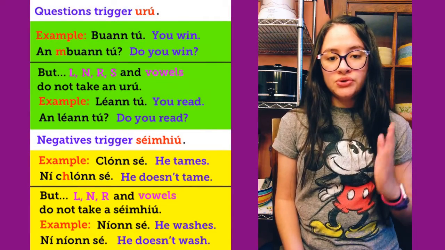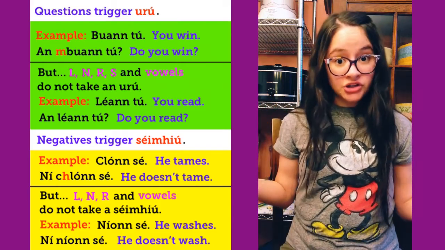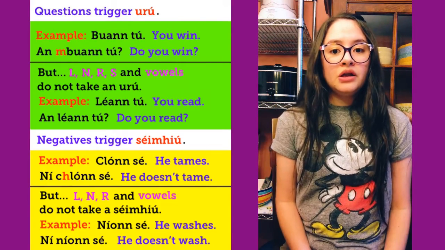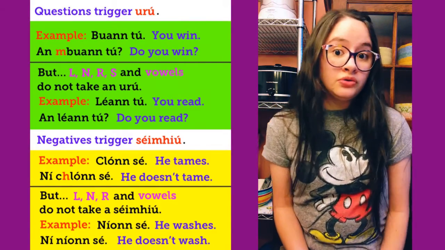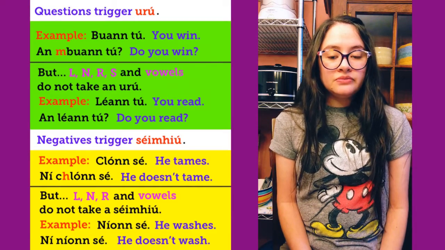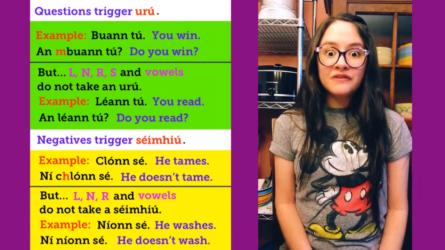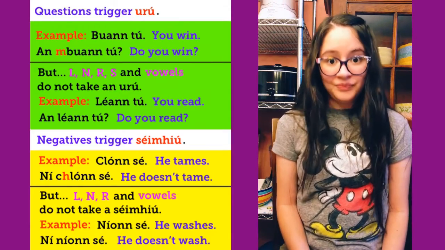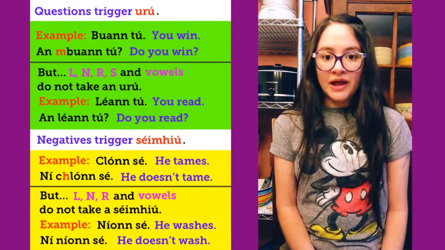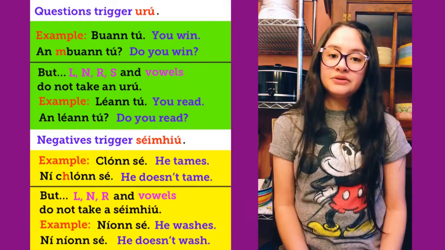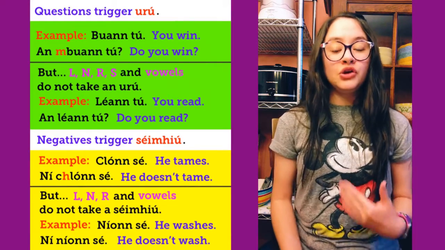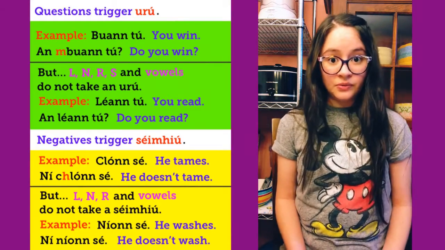That's about all you need to know to conjugate first conjugation present tense verbs, except for one more thing, and that is when you use the present tense in a question, the verb's going to take an urú. Urú is the Irish word for eclipsis, and you need to go back and watch my video on eclipsis if you haven't, and that'll explain what I'm about to talk about. So, for example, you win, buaitear tú.